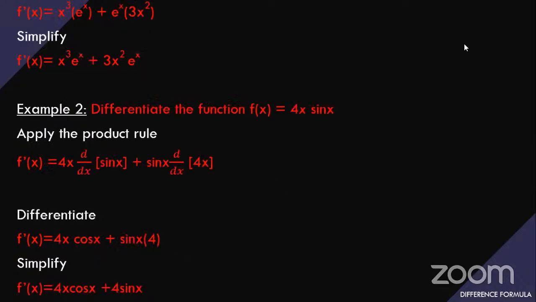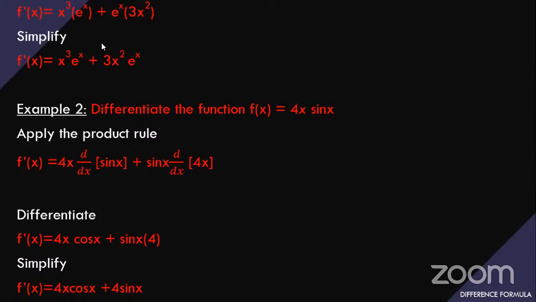So let me move this away. If we apply the differentiation on this, what we are going to have is x cubed times e raised to the power of x plus e raised to the power of x times 3x raised to the power of 2.